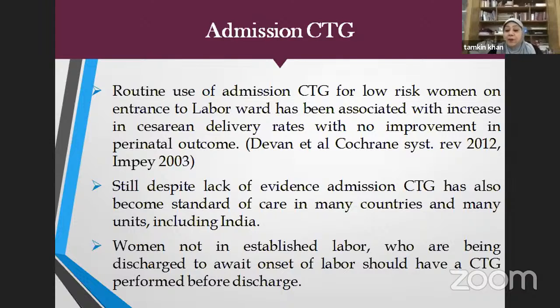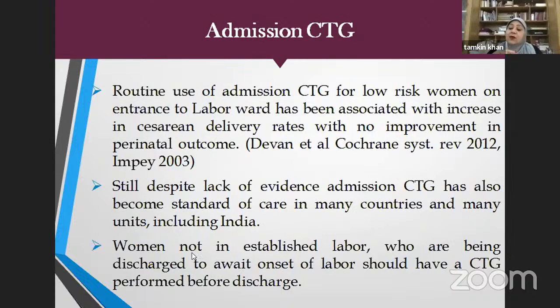It's a very high output setting, and we don't want to waste time. Evidence is that intermittent auscultation with a stethoscope is equally good, so there's no need of doing a CTG. And the cost of the paper is also a lot. It's a recurring expenditure. So that is why we are not using it.